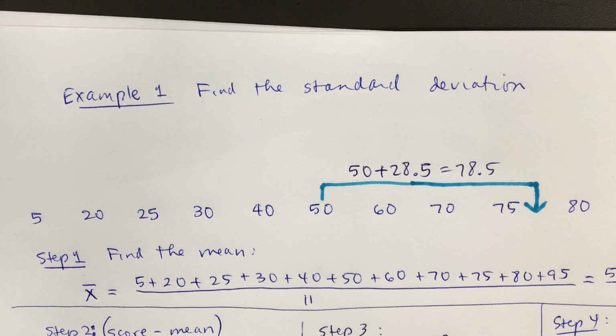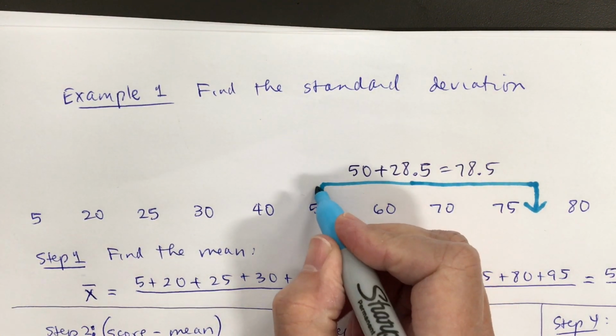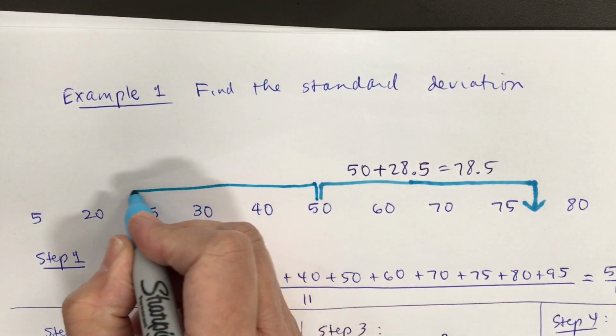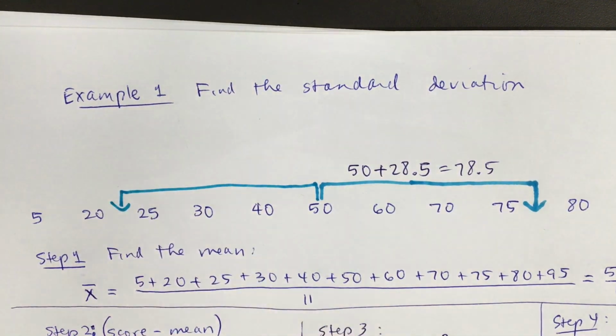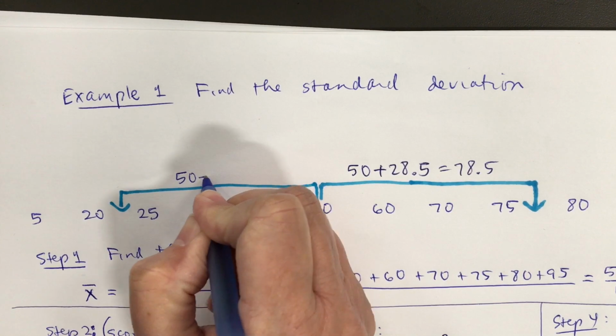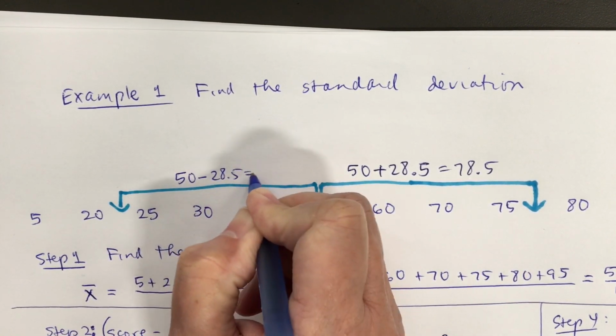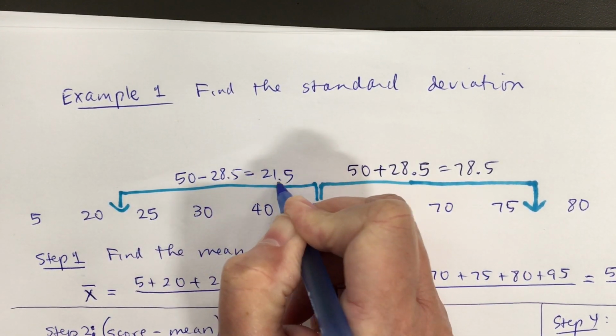If I take 50 and subtract the standard deviation, 50 minus 28.5 is 21.5. So coming the other way, that puts me between 20 and 25.